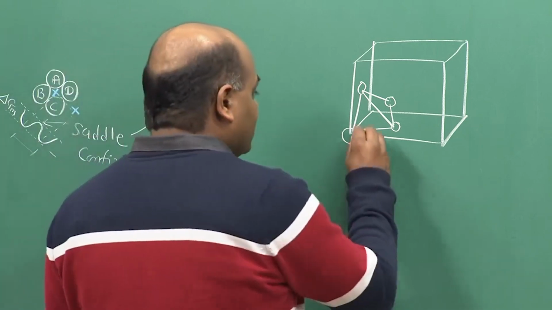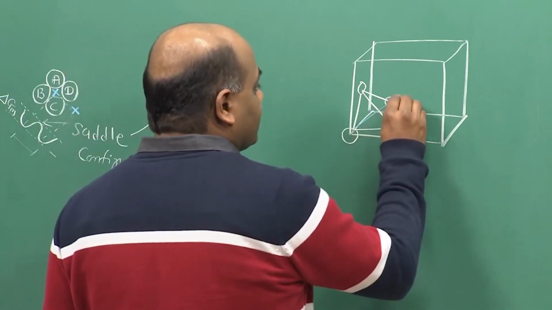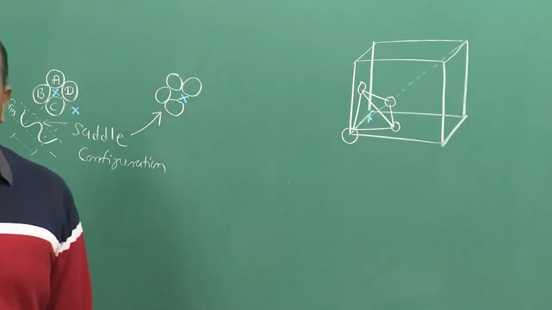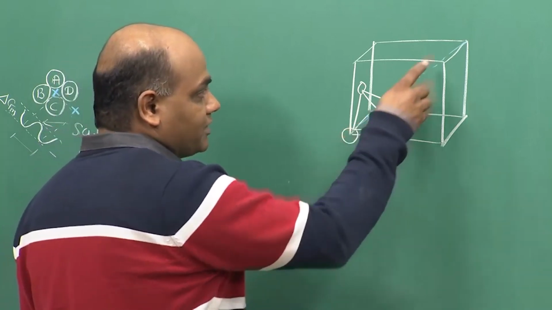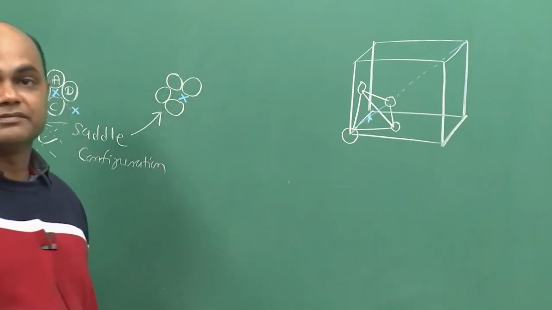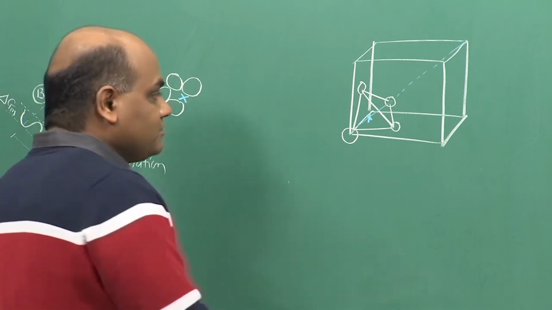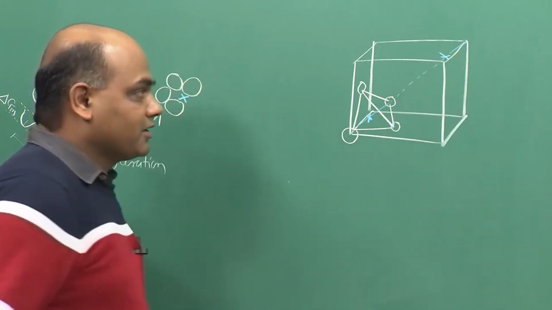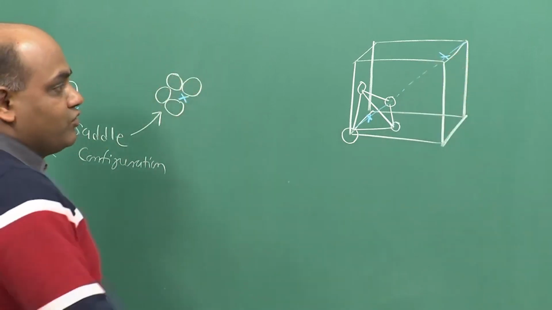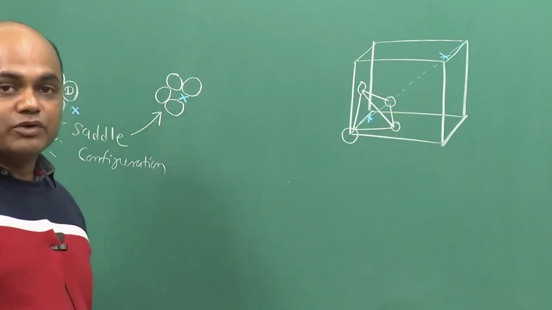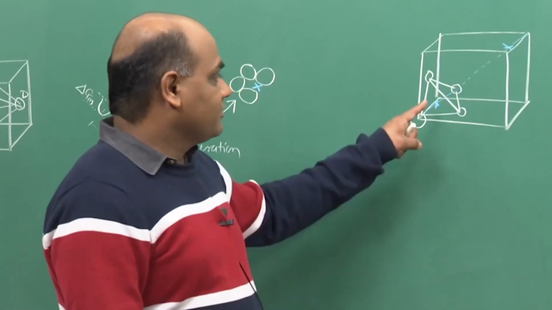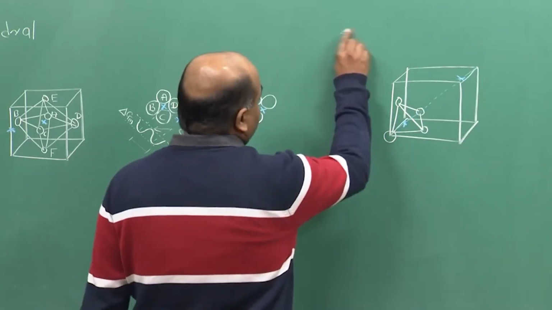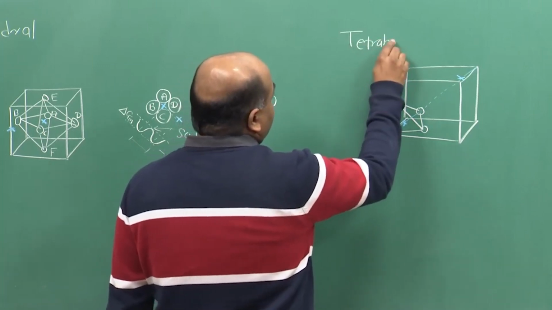And the center of the tetrahedron we can see will lie along the body diagonal. Precisely, it will be at a position which is at 1/4 of the body diagonal length. By symmetry, you can show there will be another interstitial at 3/4 of the body diagonal, and there are 4 such body diagonals. So, there will be total 8 tetrahedral sites in a FCC unit cell. So, this is tetrahedral in FCC.